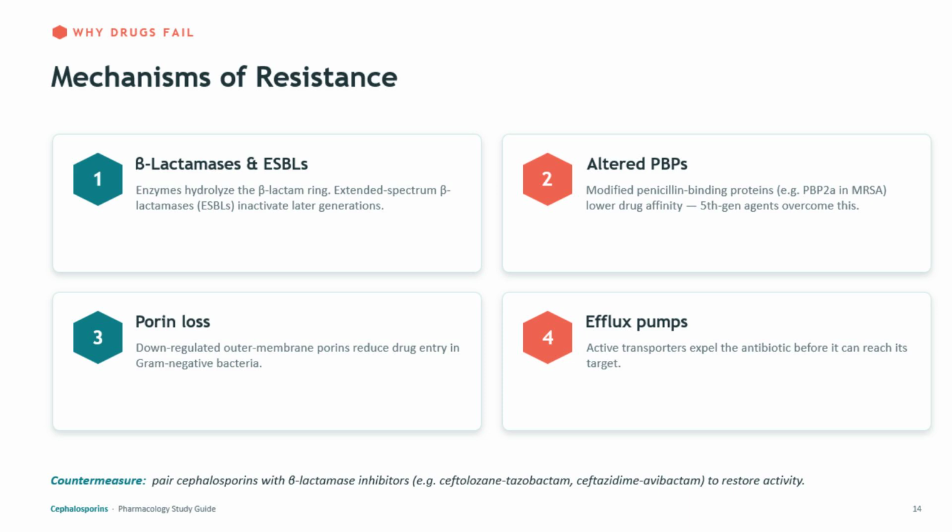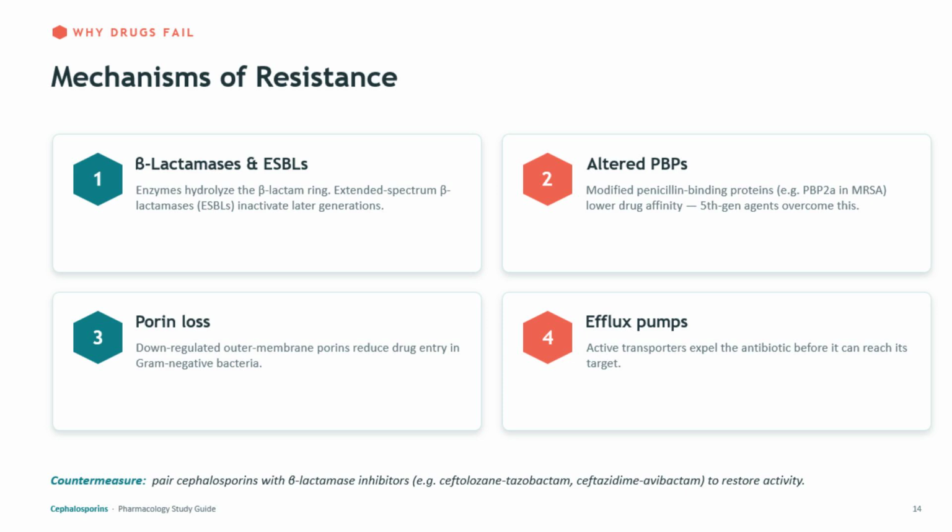Second, altered penicillin binding proteins such as PBP2A in MRSA, which lower the drug's affinity, and remember, that's exactly what our 5th generation agents were designed to overcome.